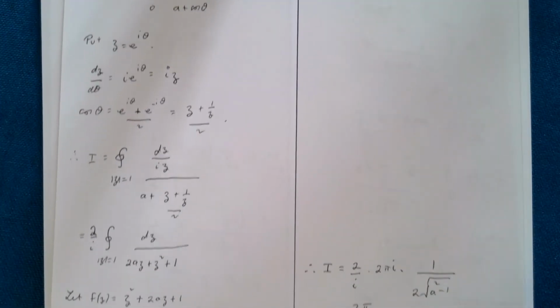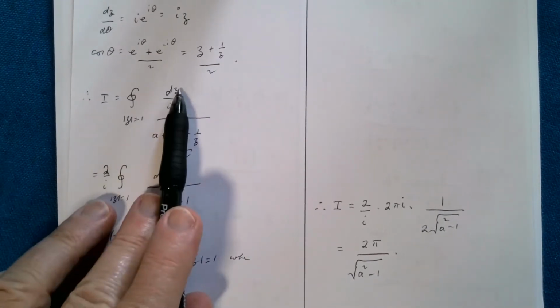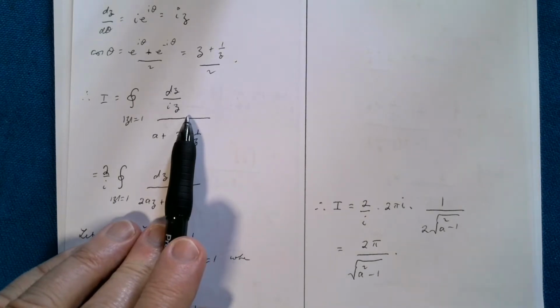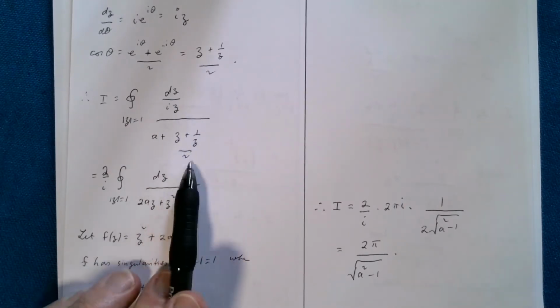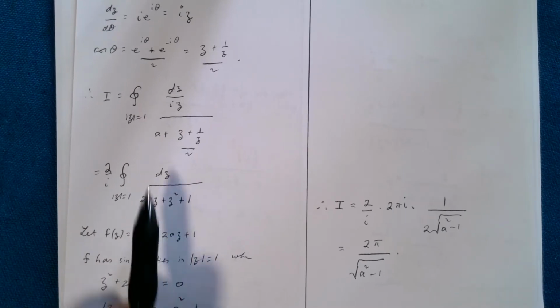So we just plug everything in, and we get dz over iz. That's from the d theta being dz over iz above, and we replace the cos theta with z plus 1 over z, over 2. At this stage we tidy up all the double-decker fractions. I can double top and bottom.